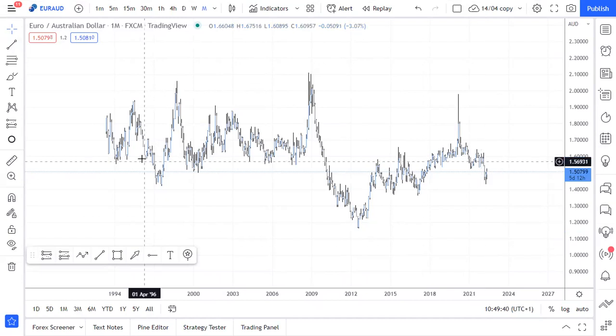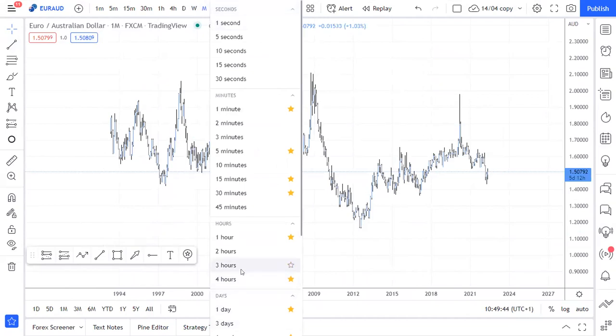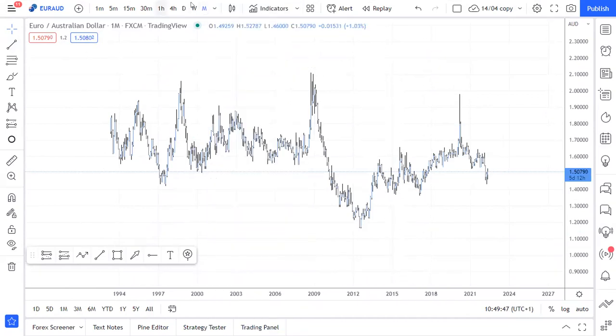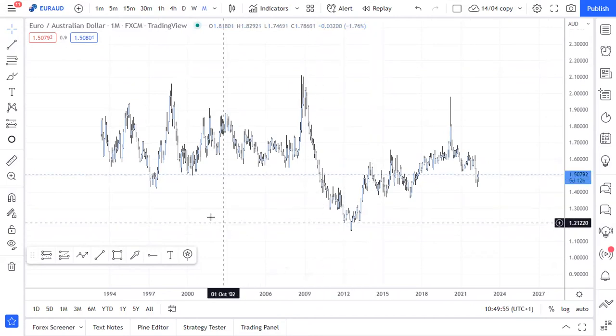So first of all, what we want to do is open up on the monthly chart. We do this by selecting the month on here, for those that don't know. First things first, we're going to want to start working out our higher time frame structure.